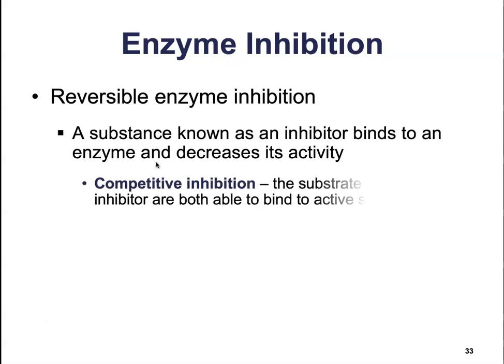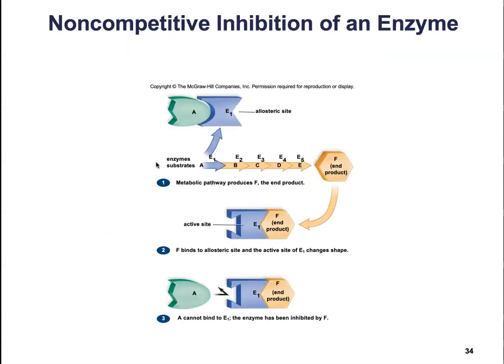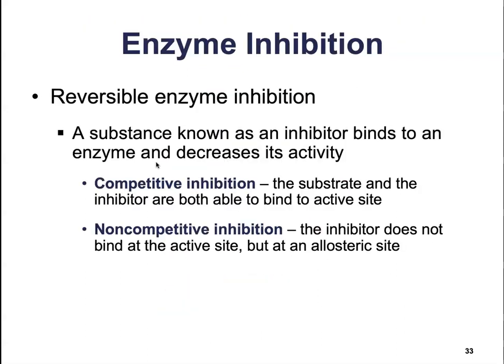All right, so here's another thing to talk about, and we're kind of going back to that metabolic pathway here, in terms of something called inhibition of enzymes. It says a substance known as an inhibitor will bind to an enzyme and decrease its activity. With the cofactor example, we were talking about increasing the activity, or it being necessary for the enzyme to function.